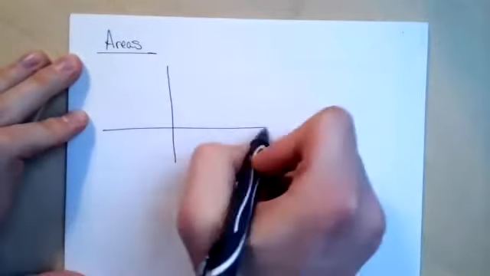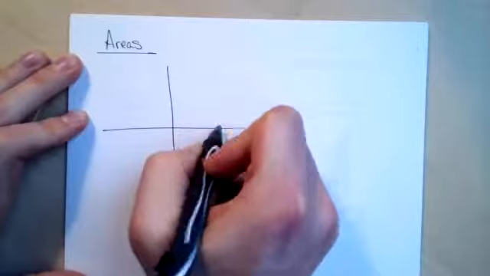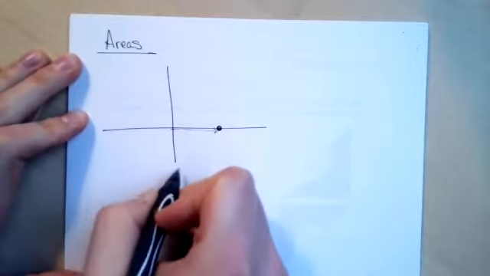So let's start with areas. Areas is the harder one. Not much harder. Actually, the integrals might even be easier, but there is at least a new kind of theory behind it. When we have a graph in polar coordinates, we're measuring the distance from the center.